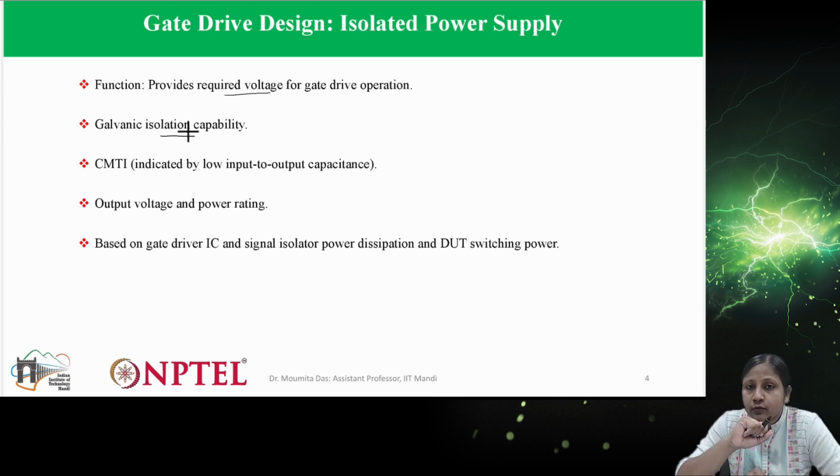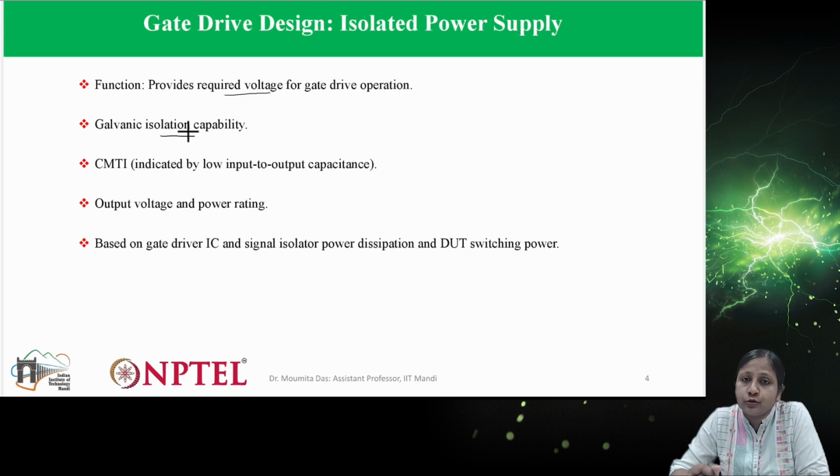Along with providing the required voltage, as you know, the microcontroller voltage is around 3.3, 5 or 1.8 volts. That will not be suitable to drive the switch or the device. If the device is silicon, then it should have a rating of, let's say, 0 to 15 volts. For silicon carbide, -2 to 15 volts, and for GaN, -4 to 6 volts.